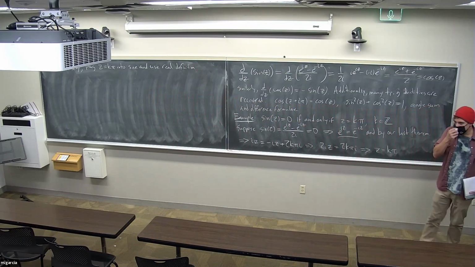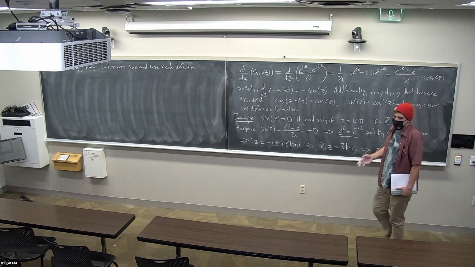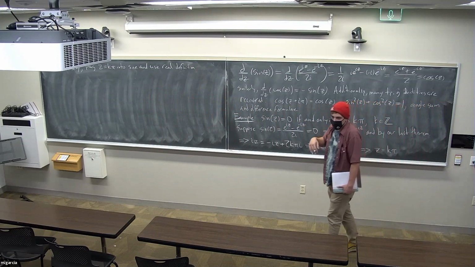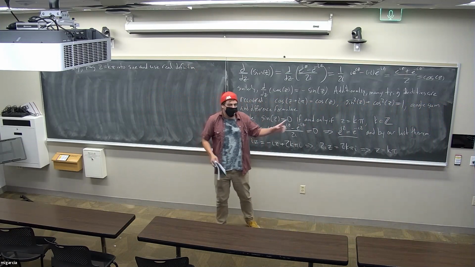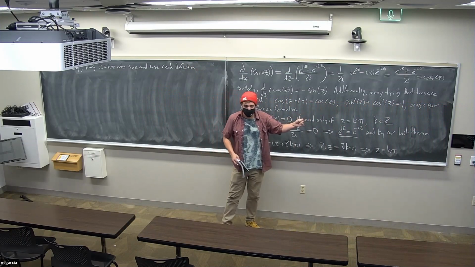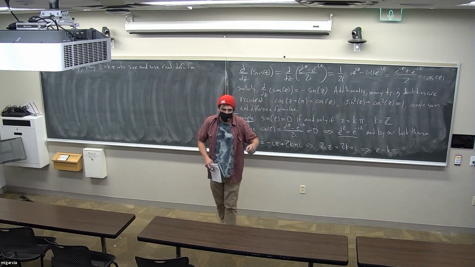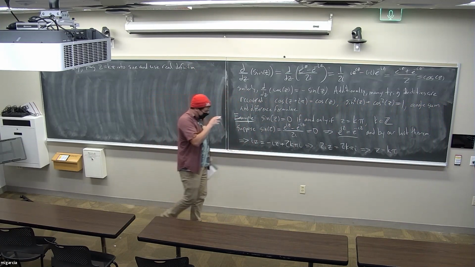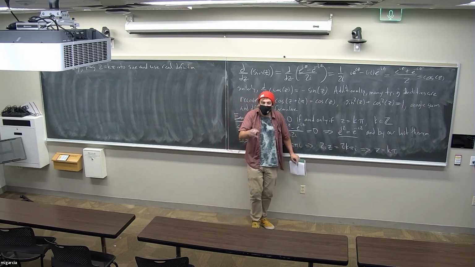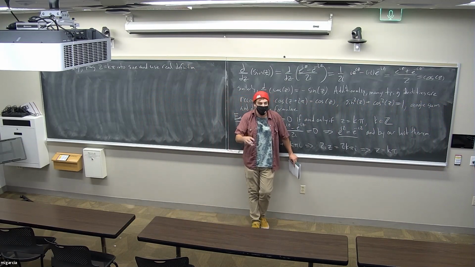You don't lose any zeros when you move to the complex numbers either. Sometimes you may gain some, but in this case, you don't gain any. A good extension to the complex numbers will not lose any zeros, because you want it to agree with the function as it's defined on real numbers.